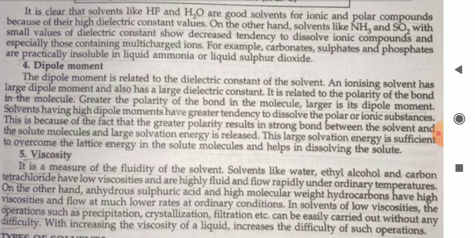On the other hand, solvents like ammonia and sulfur dioxide, with small values of dielectric constant, show a decreased tendency to dissolve ionic compounds, especially those containing multi-charged ions. For example, carbonates, sulfates, and phosphates are practically insoluble in liquid ammonia or liquid sulfur dioxide.